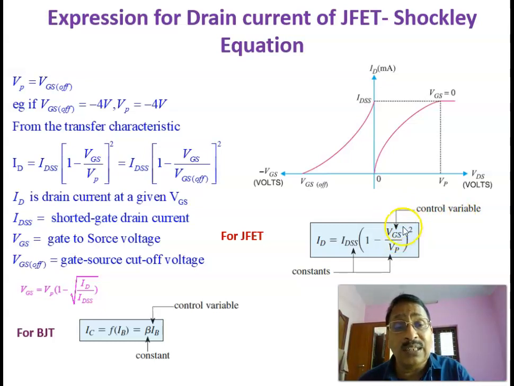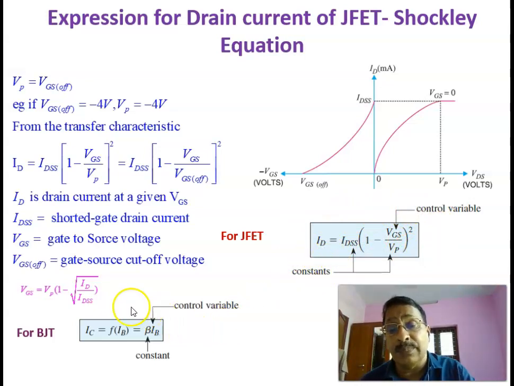Therefore, you are controlling VGS, and by controlling VGS, you are varying the drain current. IDSS and VP are constants for a particular device. Therefore, VGS is the variable which can control the ID in the case of JFET.